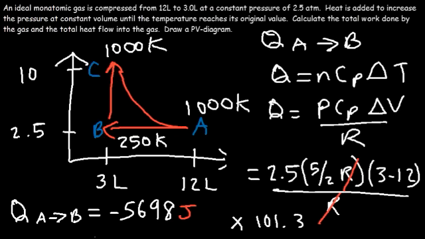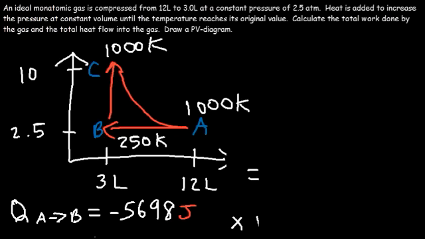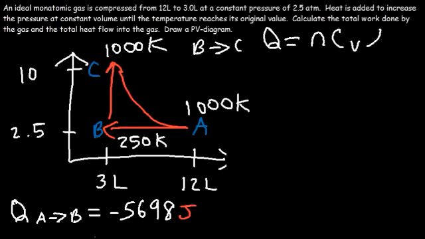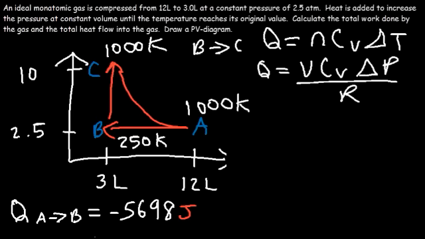Now what about from B to C? How can we calculate Q? From B to C, you can use this equation: Q is equal to n Cv delta T, since the volume is held constant. Or we can use this equation, V Cv delta P divided by R. Let's go ahead and use that one. So V is 3 liters from position B to C. It's a constant 3 liters.